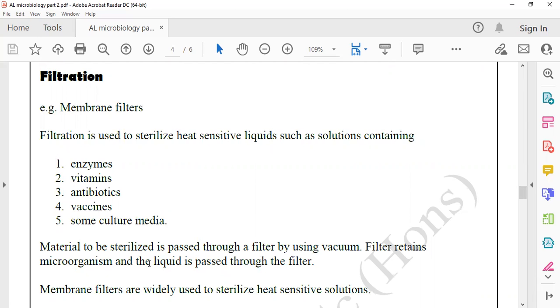And normally filtering means, you have some knowledge, size-wise separation. Now, if you want to filter out bacteria, there are bacteria filters. If you want to filter out virus, there are virus filters.